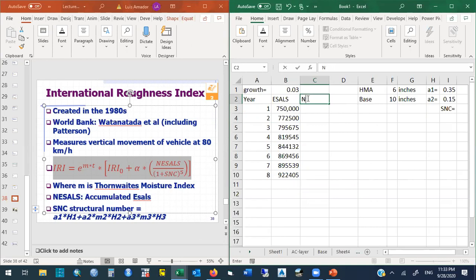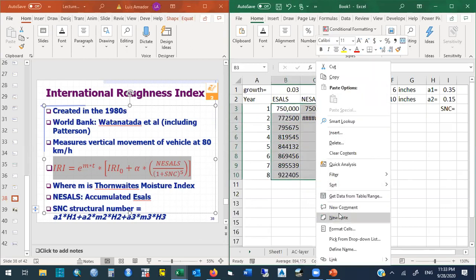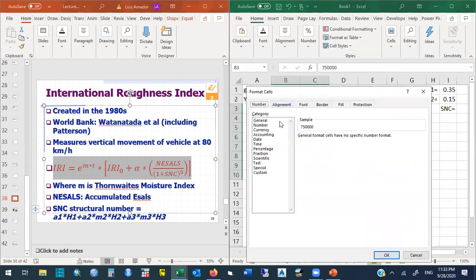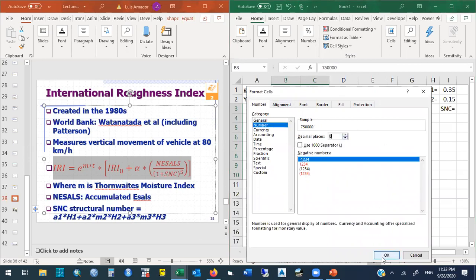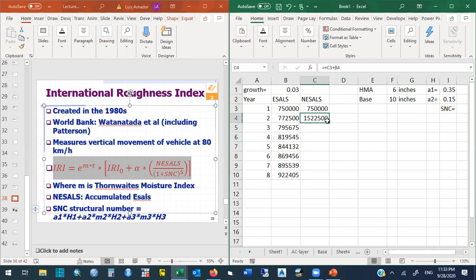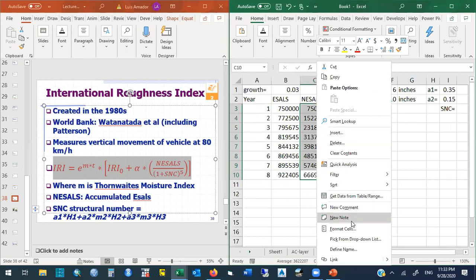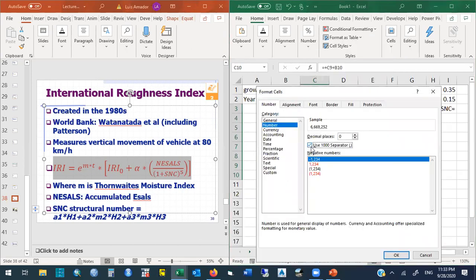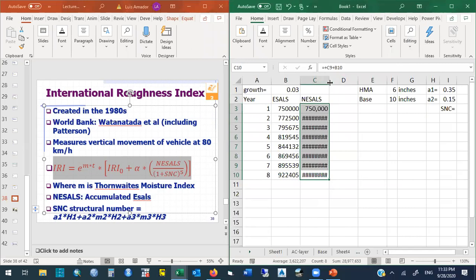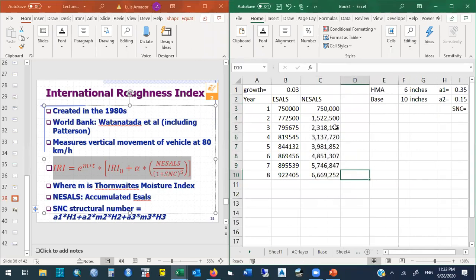So accumulated results. Well, at the beginning it's only that, but then it's going to be the one before plus this one. And I'm just going to change this to have no decimals. Okay, maybe I put a couple extra years, all the way to 10 years.